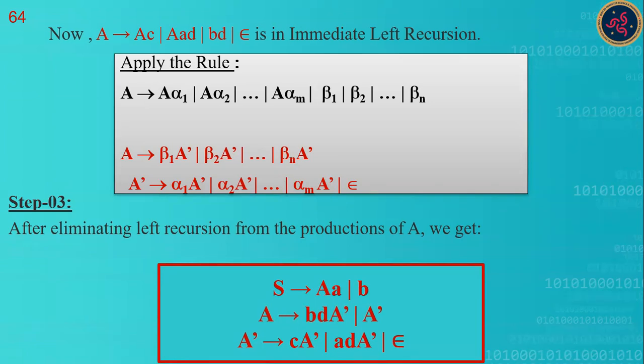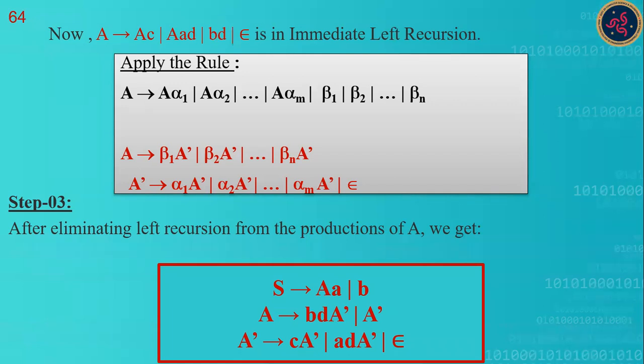Don't forget to add A prime, because in this case there is an epsilon, so epsilon should also be considered as a beta value. Any string appended with an empty string gives the same string.